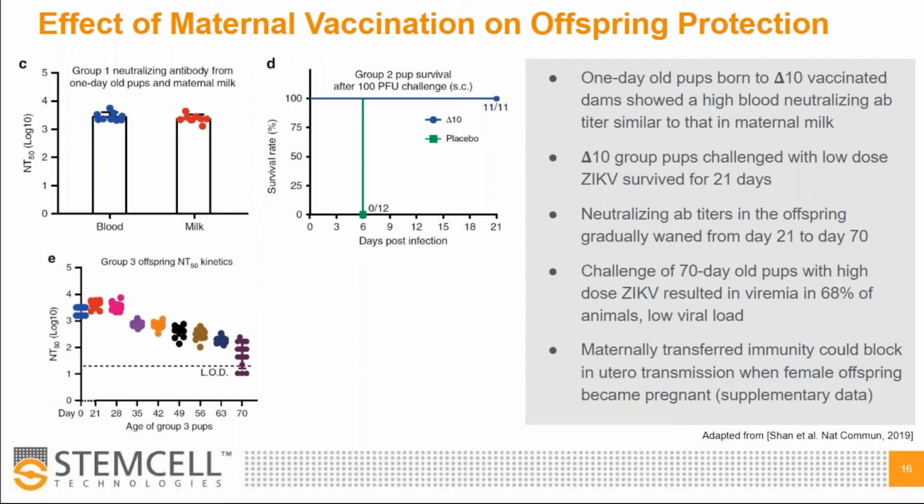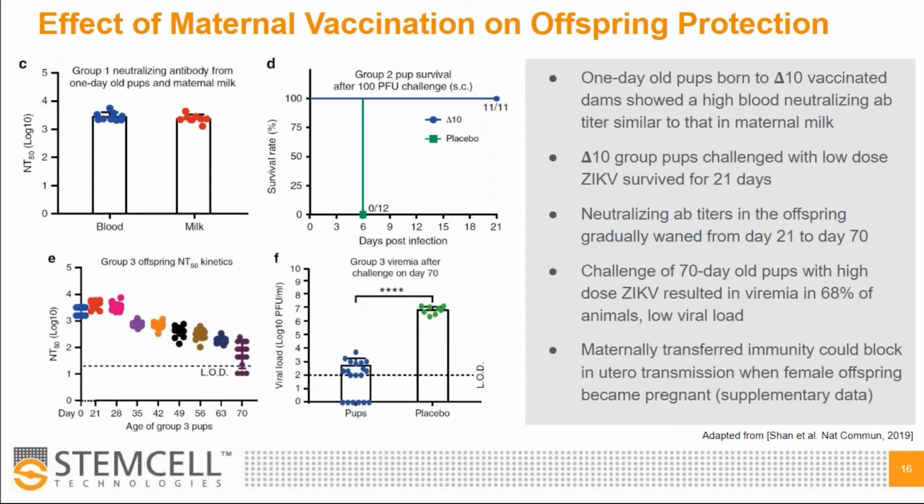And when they then challenged these 70-day-old pups with a high dose of Zika virus, they saw that this resulted in viremia in 68% of animals, but there was a much lower viral load in these pups born to Delta 10 vaccinated mothers when compared to the placebo group. So there was still at least partial protection by the antibodies that were transferred from the mothers to the pups.